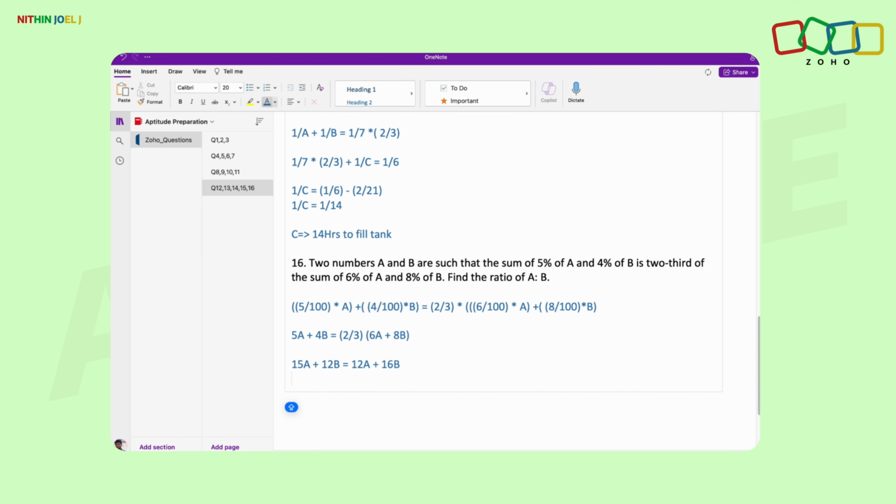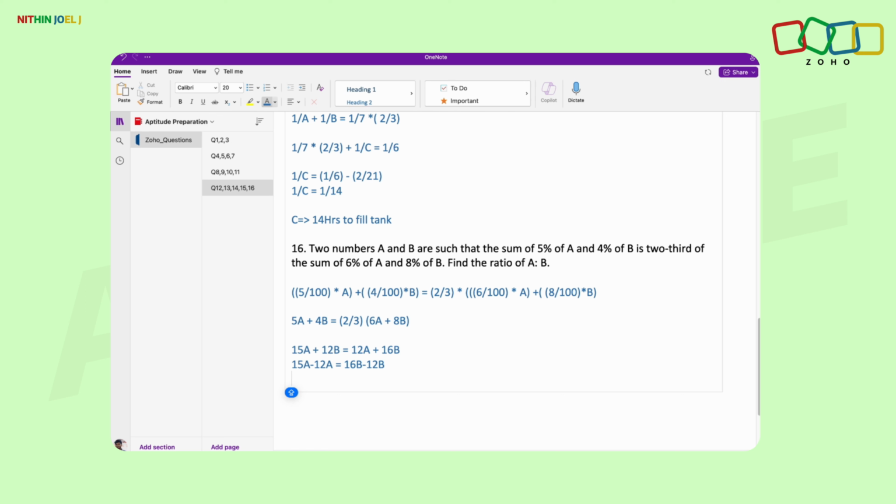So bringing all the A on the left hand side and B on the right hand side, which makes us 15A minus 12A equal to 16B minus 12B. So now 15 minus 12 is 3A, which is equal to 16B minus 12B, which is 4B.